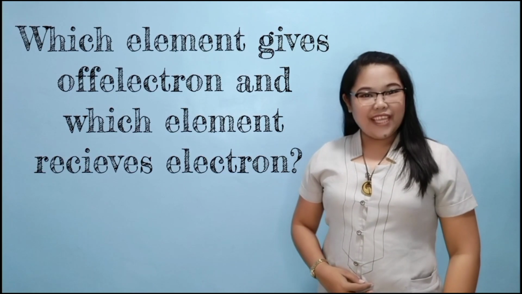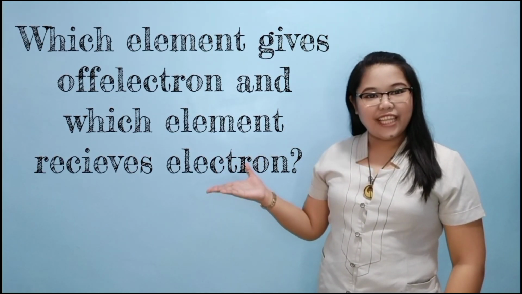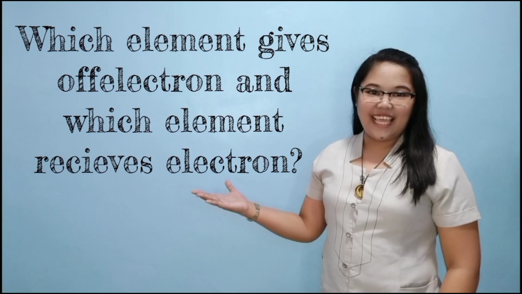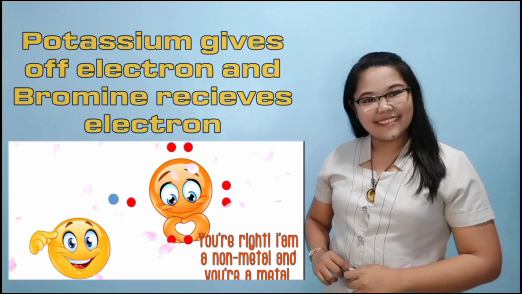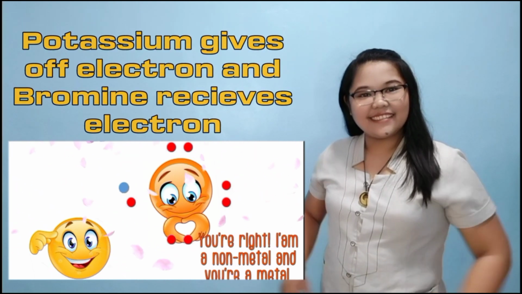Number 2. Which elements give off electron and which element receives electron? Your answer must be potassium gives off electron and bromine receives electron.